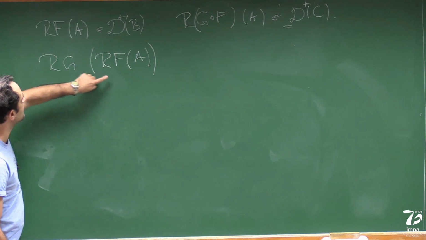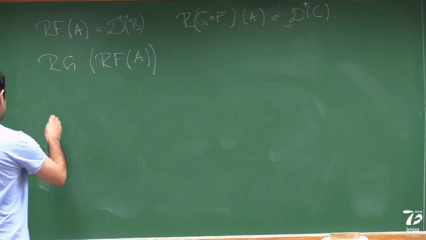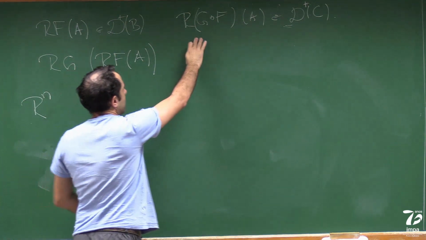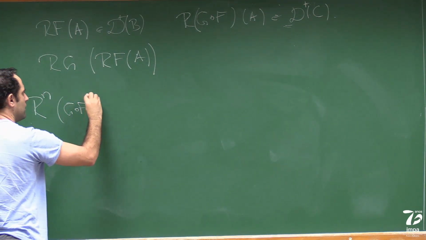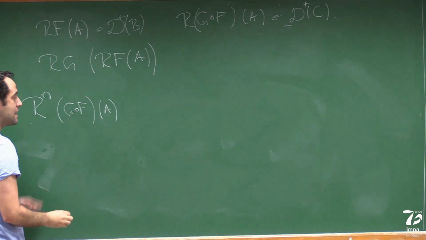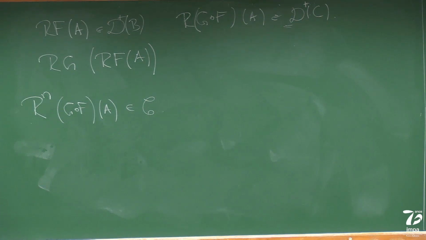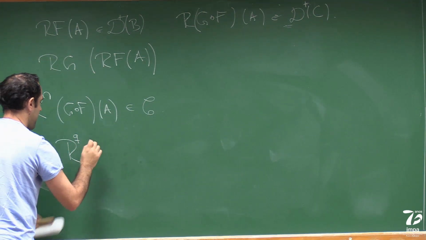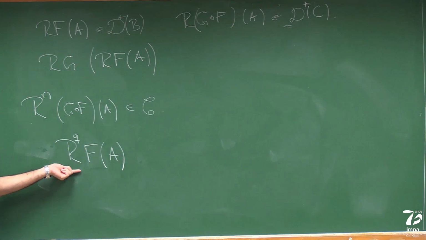I can view it as a complex and take the homology of this complex. In other words, I can look at the nth homology of this complex. So that's R^n of G composed with F of A. Now this is an object in C. It's the nth homology of that complex. Or I could try to compute R^n F of A. This is an object in B.